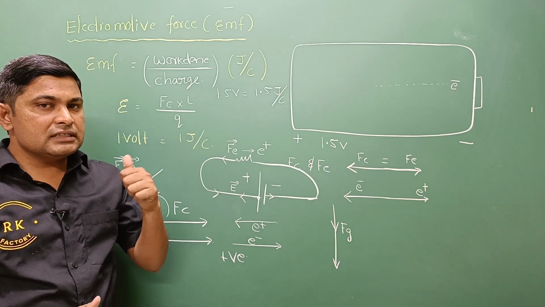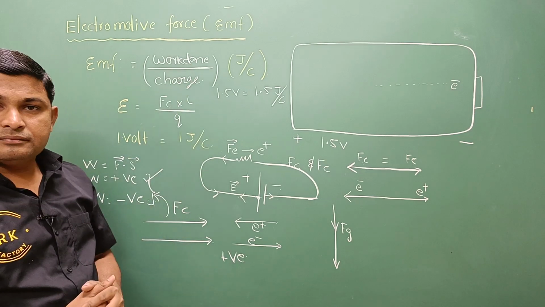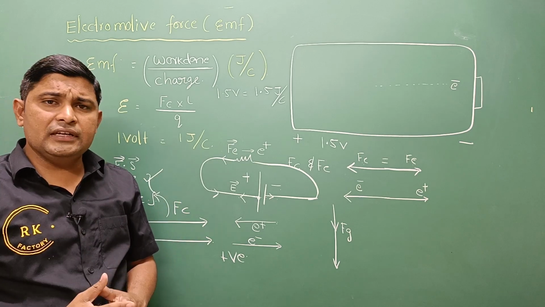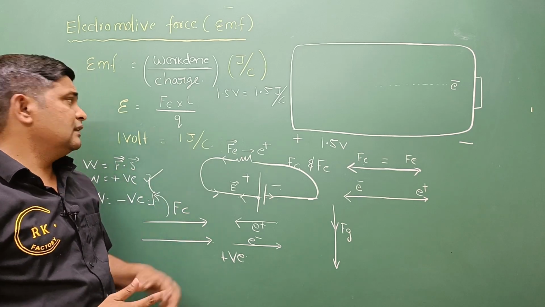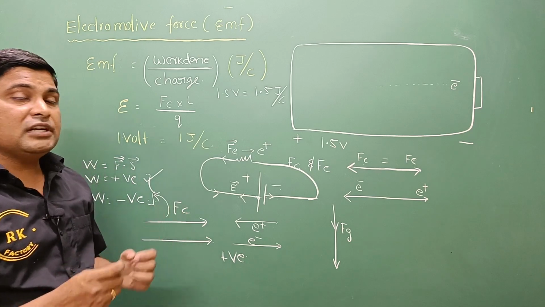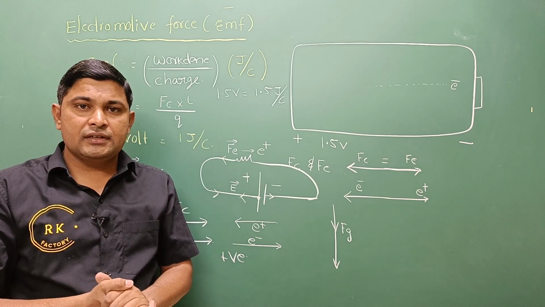If the work is done by a chemical force, we use EMF, like a battery. If there is a potential due to the electric field, then we say it is the potential difference. But both can be measured by the voltmeter, which measures voltage, right?